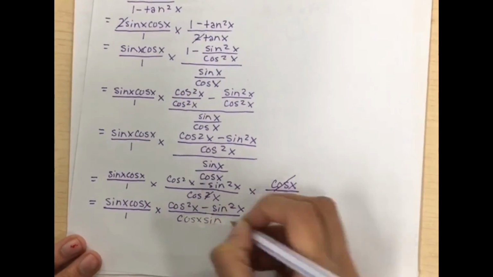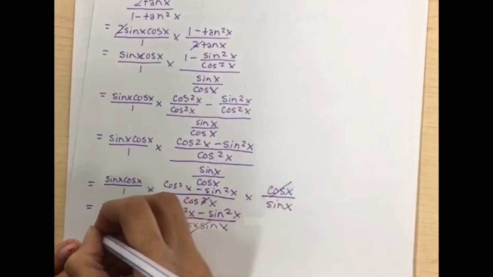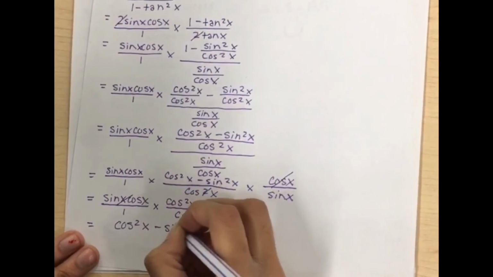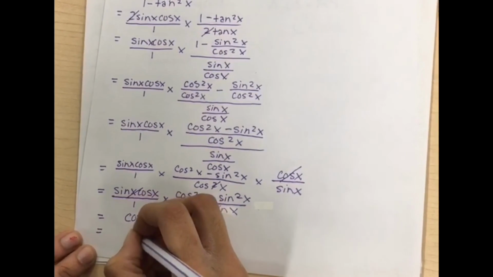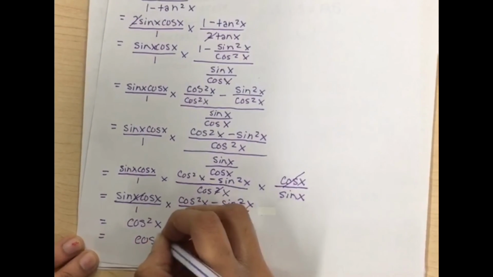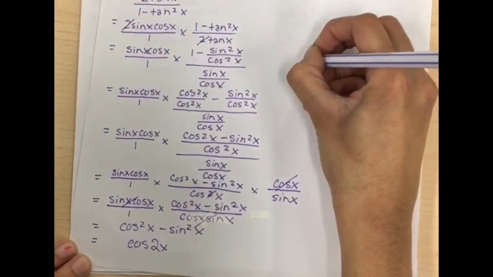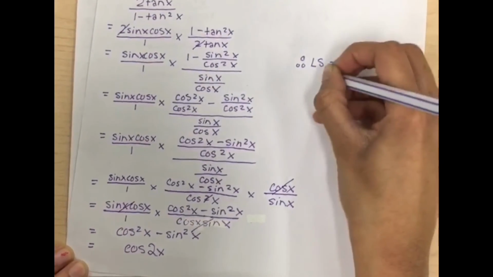As you can see, sine x cos x and cos x sine x are the same, so we can cross them out to simplify. This leaves us with cos squared x minus sine squared x. If we remember our double angle formulas, cos squared x minus sine squared x is equivalent to cos 2x, which is the same as our right side.